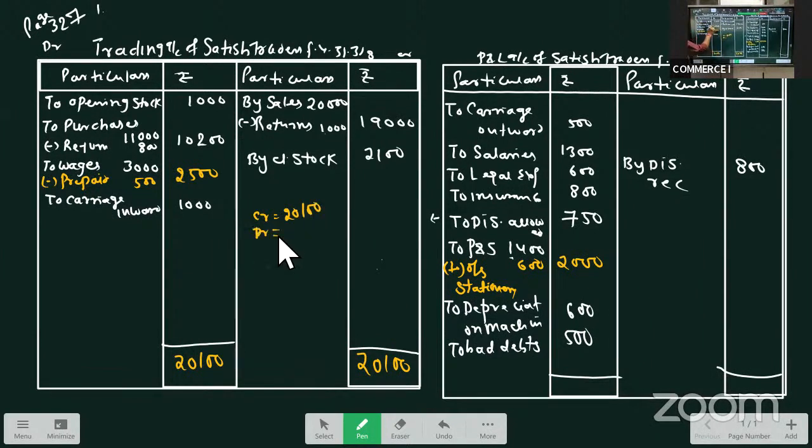And on the debit side you see 11, 13, 13, 7, 14,700. So what is the balancing figure? 400. Okay.